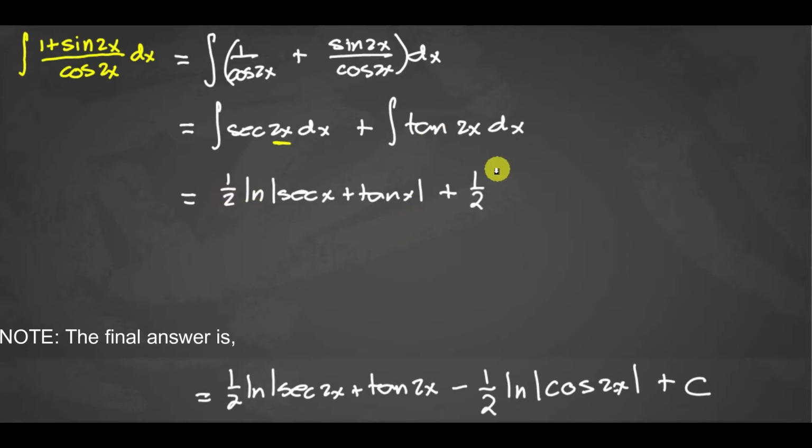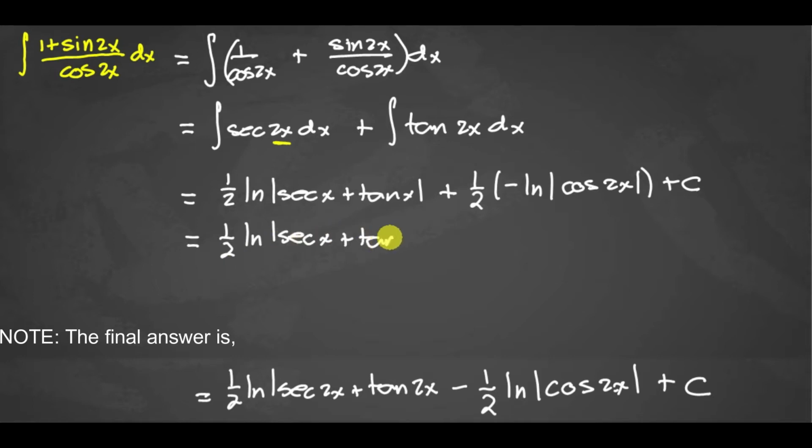The integral of tangent 2x is the negative natural logarithm of cosine 2x plus c. Rewriting our answer, this is also equivalent to 1/2 ln secant x plus tan x minus 1/2 ln cosine 2x plus c.